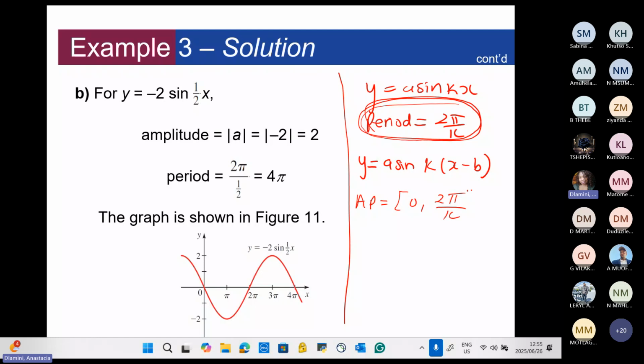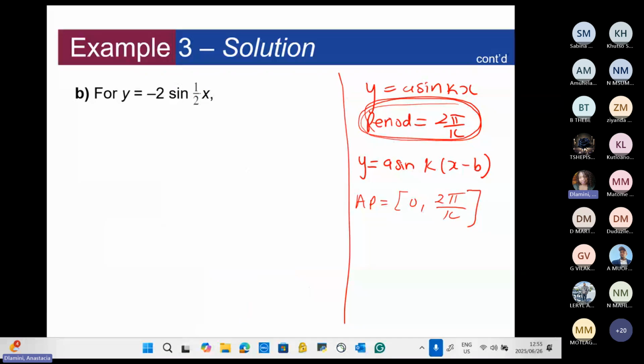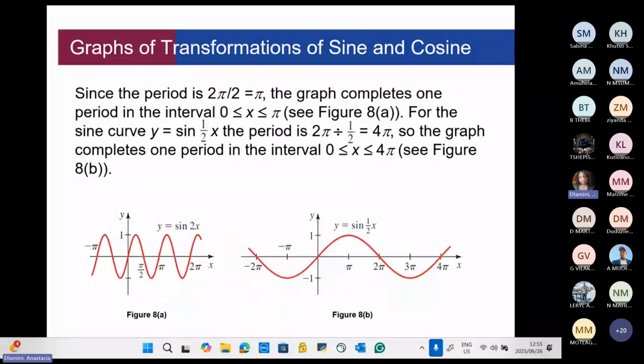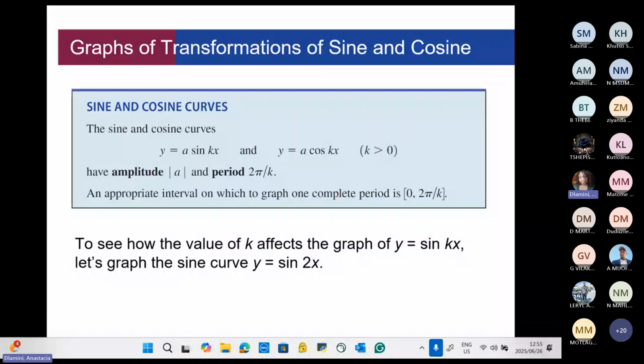Look, this is one complete period, the appropriate interval for one complete period. So the appropriate interval for this complete period should also be different, because now it's no longer the same. Do you see that?